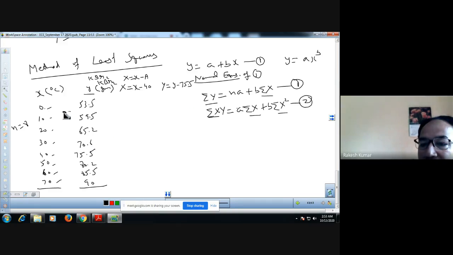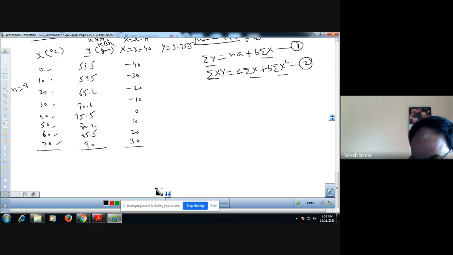Now you can take the differences: 0 minus 40 will be minus 40, minus 30, minus 20, minus 10, 0, 10, 20, 30. So you can find sigma x, and sigma x comes out to be minus 40. I leave it here. You can calculate sigma y, and that comes out to be 15.2.